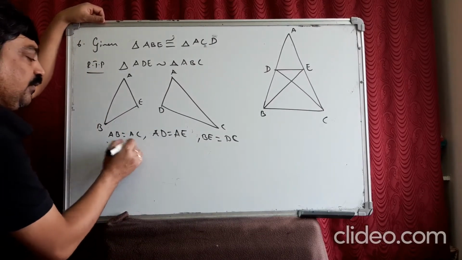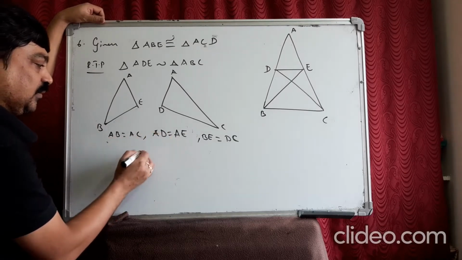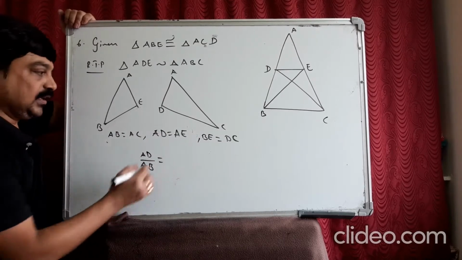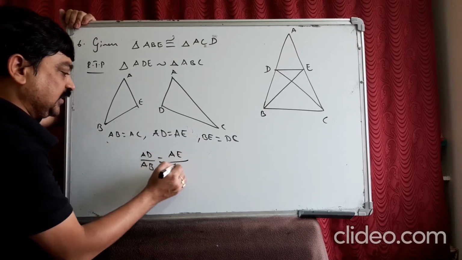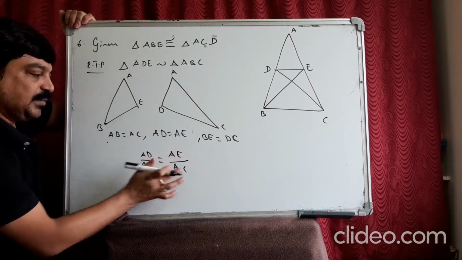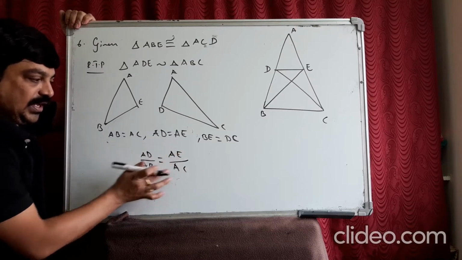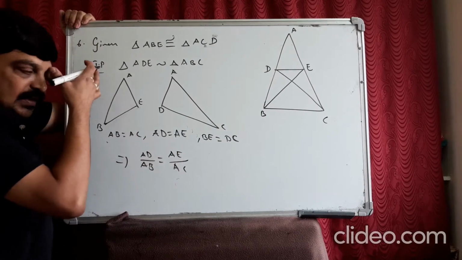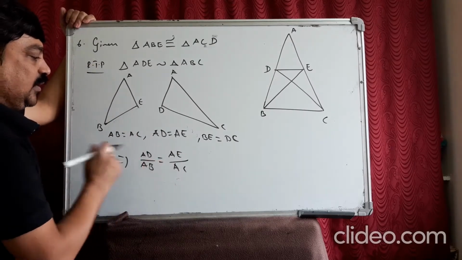Now, can I take the fraction AD by AB equal to AE by AC? Because AD is equal to AE and AB is equal to AC, from these two you can write AD by AB equal to AE by AC.